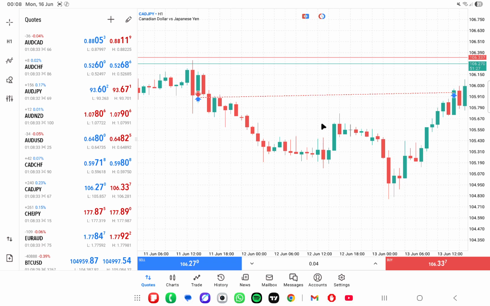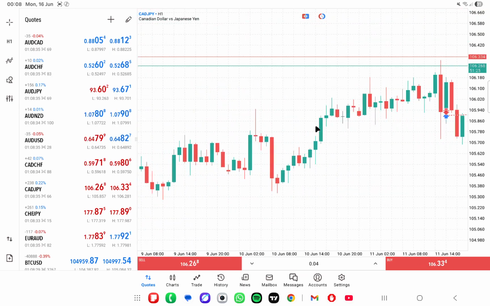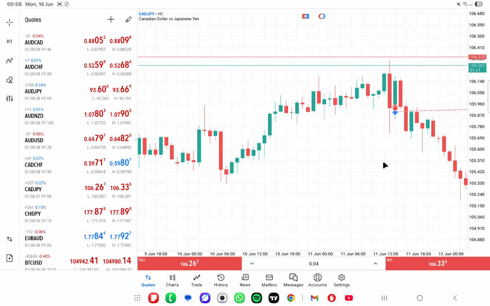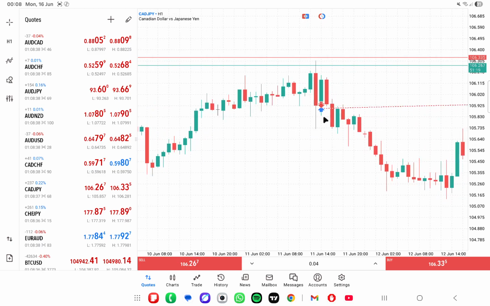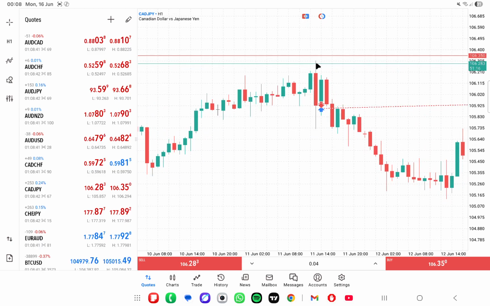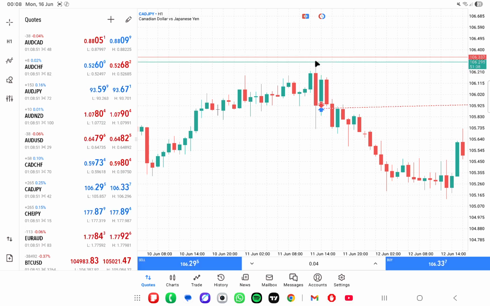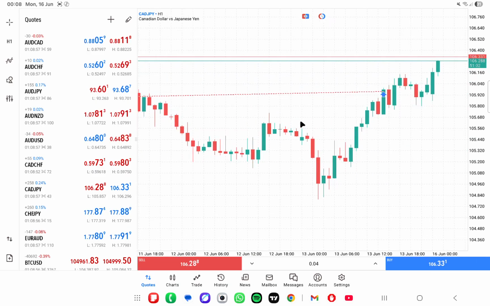I'm not going to go into the details of explaining the reason why I entered this trade. But as you can see here, this reversal candlestick was the motivation: a new high, then closing on the low aggressively, and right here is when I placed my trade.